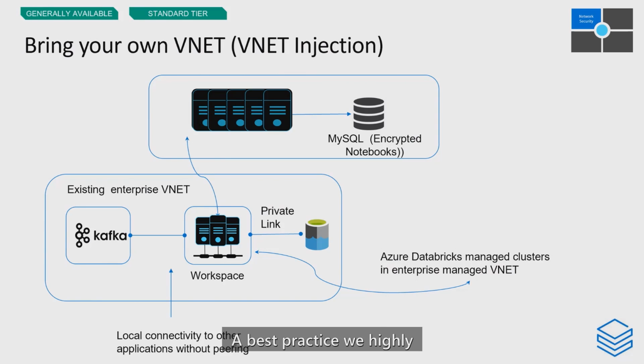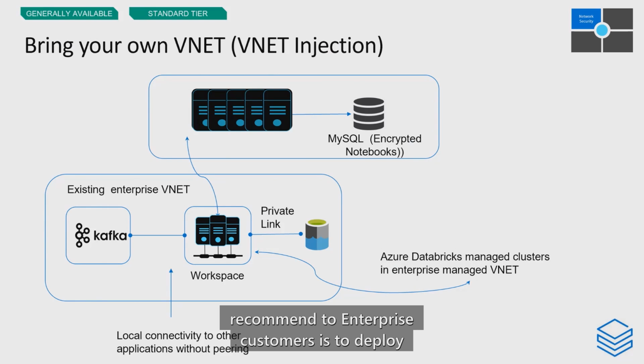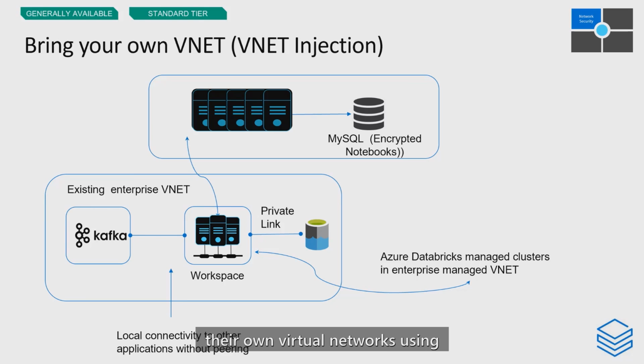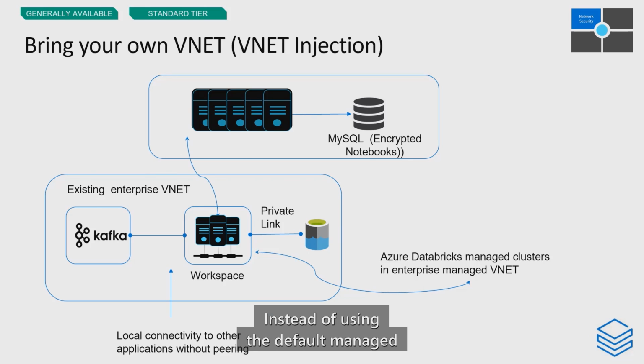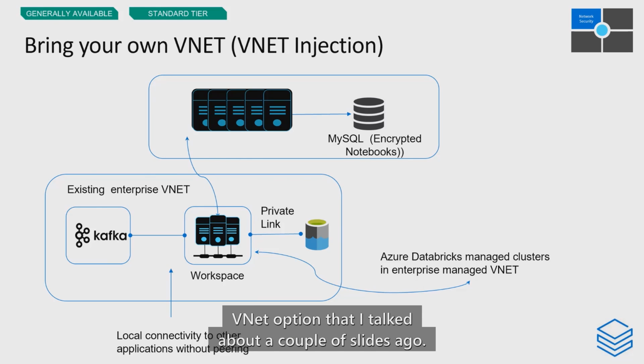A best practice we highly recommend to enterprise customers is to deploy their Azure Databricks workspaces to their own virtual networks using our VNet injection feature, instead of using the default managed VNet option that I talked about a couple of slides ago.